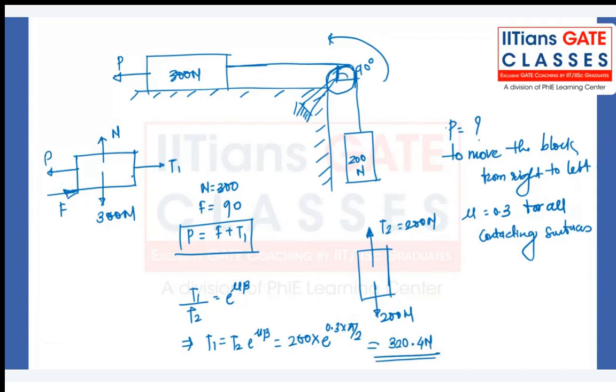So if you put it here, 320.4 plus frictional force, that is 90, that is 410.4 Newton. Okay, I hope it is clear. Feel free to ask if you have any doubt.